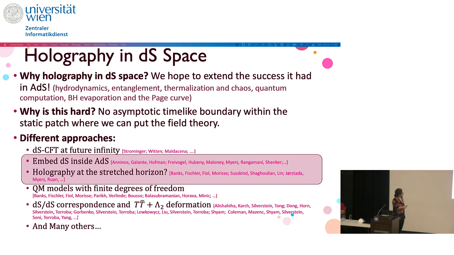The two approaches I will focus on today are the idea to embed a bubble of de Sitter space inside anti-de Sitter, and the idea of placing holography at the stretched horizon, which correlates with the idea of having de Sitter represented by quantum mechanical models with finite number of degrees of freedom. And of course, there are many additional approaches. I'm not listing them all.